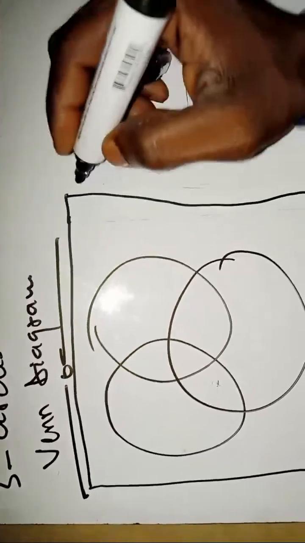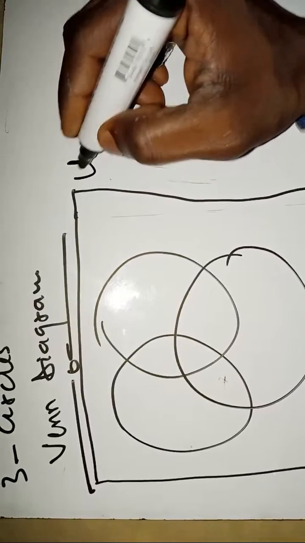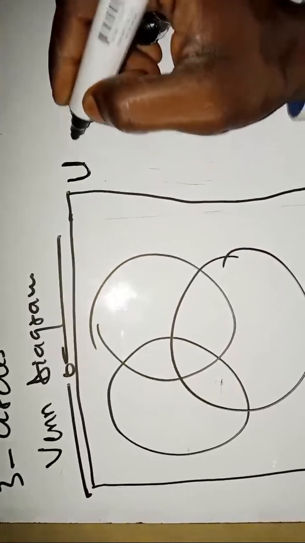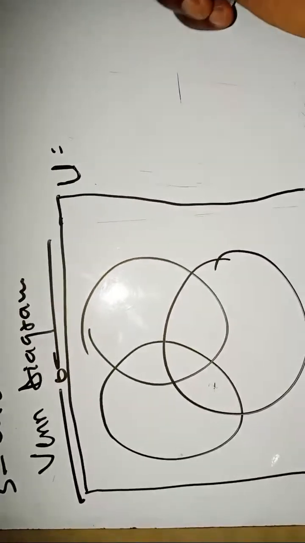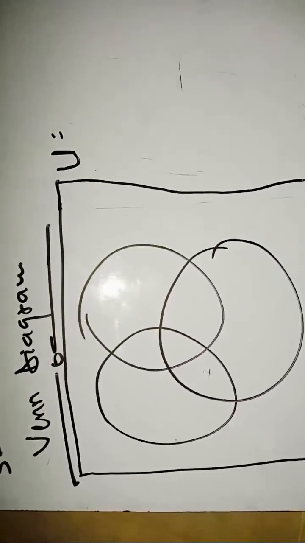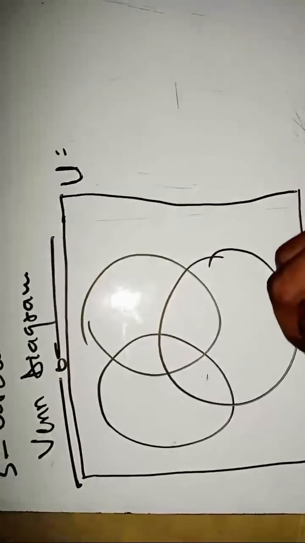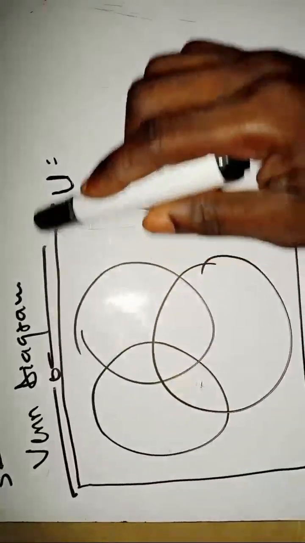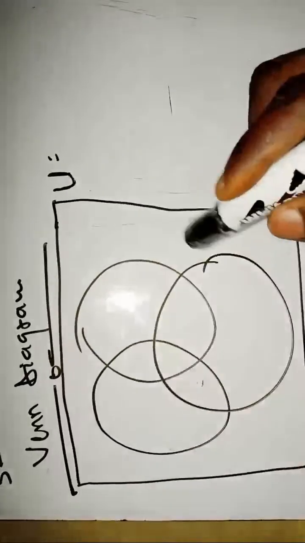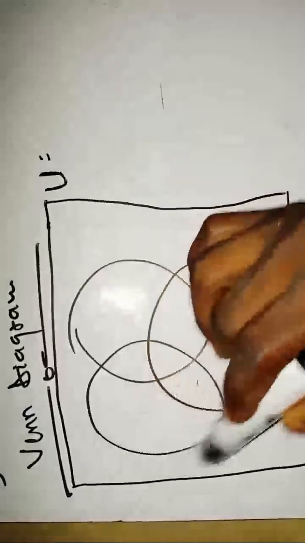Now, if you have this structure here, this is what we call a union, right? Some people call it the universal set. What I normally use is I consider this one to be an entire house, right? So this should be the entire house, and within that house you have three different apartments.